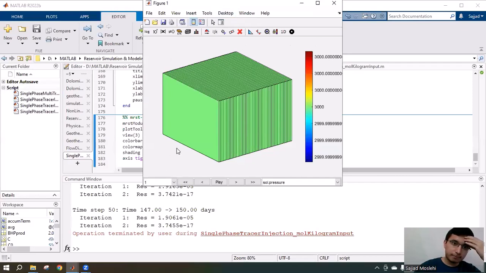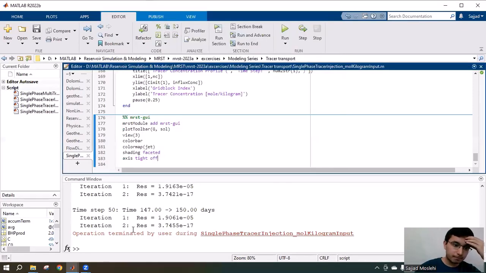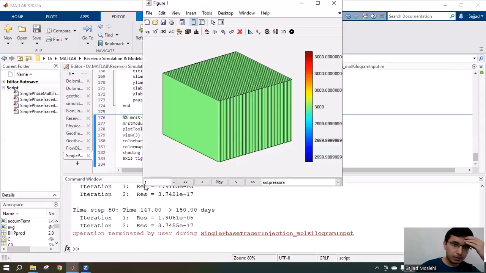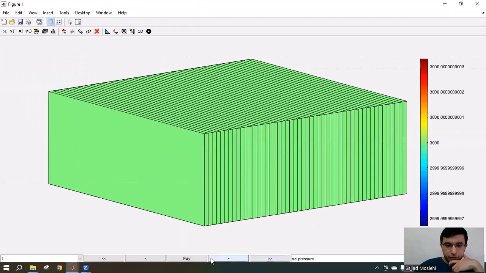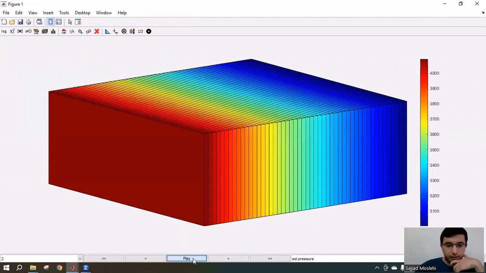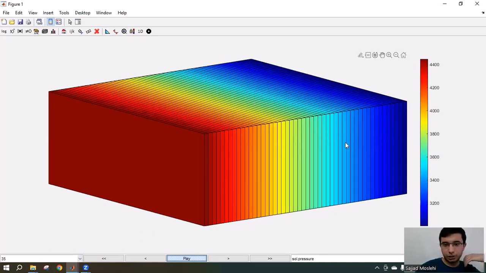Let's see. Actually, very good. The pressure distribution, let's play it. As you see, the pressure distribution is no longer changing, and it's because the fluid flow has become steady state.